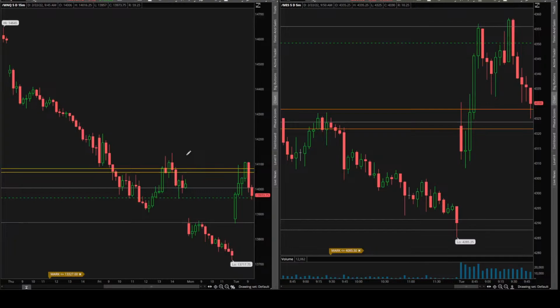So we'll watch and see if it can kind of curl this area. Yeah, first target's definitely going to be like 40, 39 to 40, we'll call it. So hard stop is at 21.5.